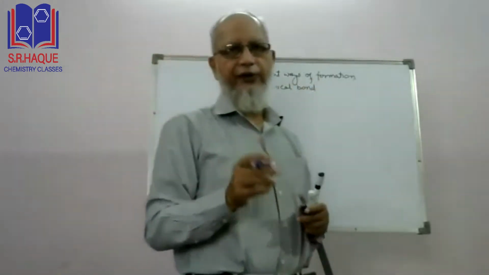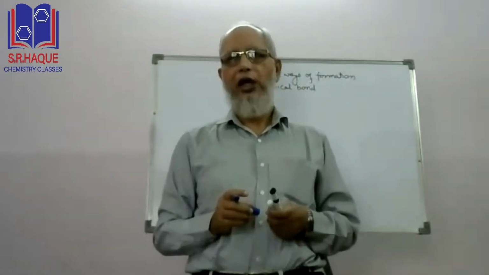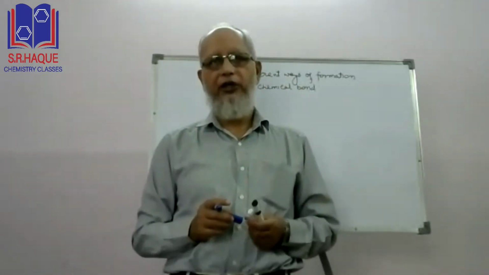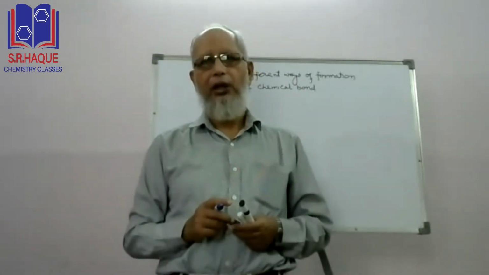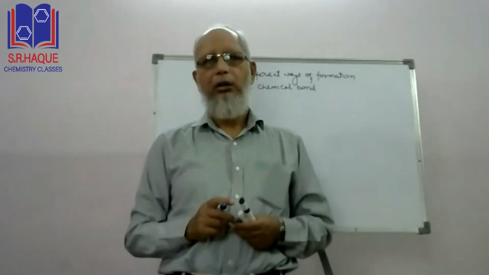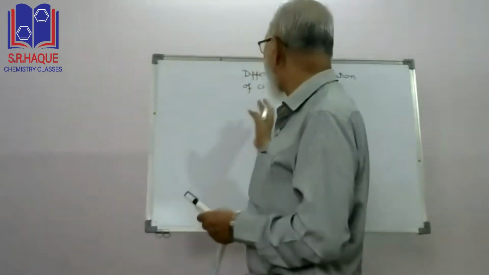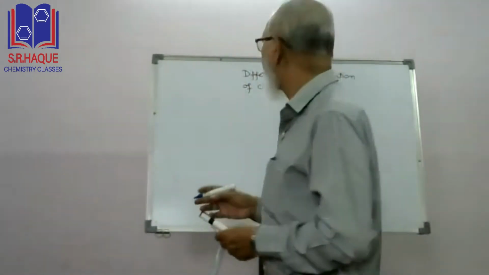There are 2 different ways of the formation of chemical bond, either by the transfer and gain of electron in between the atoms, or by the sharing of electron in between the atoms. So you can say that there can be 2 different types of chemical bonds.